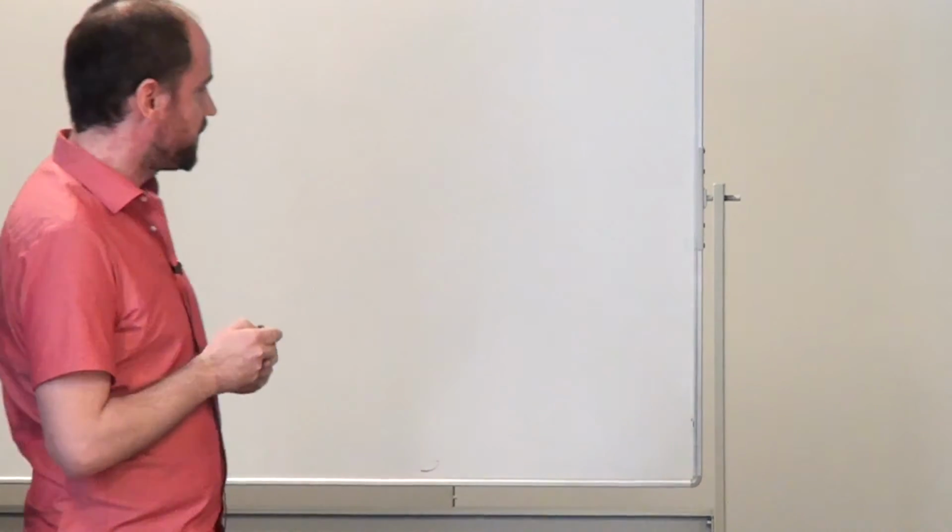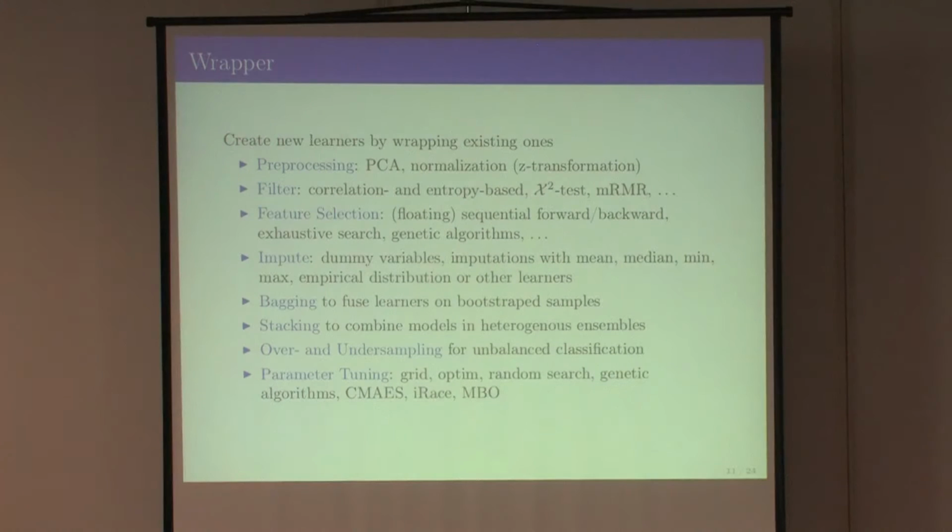There are many things that I cannot talk about today, so I just summarize them here on this slide. So we have pretty many pre-processing, well, I should start differently. So this is all pretty basic that I've shown you so far.